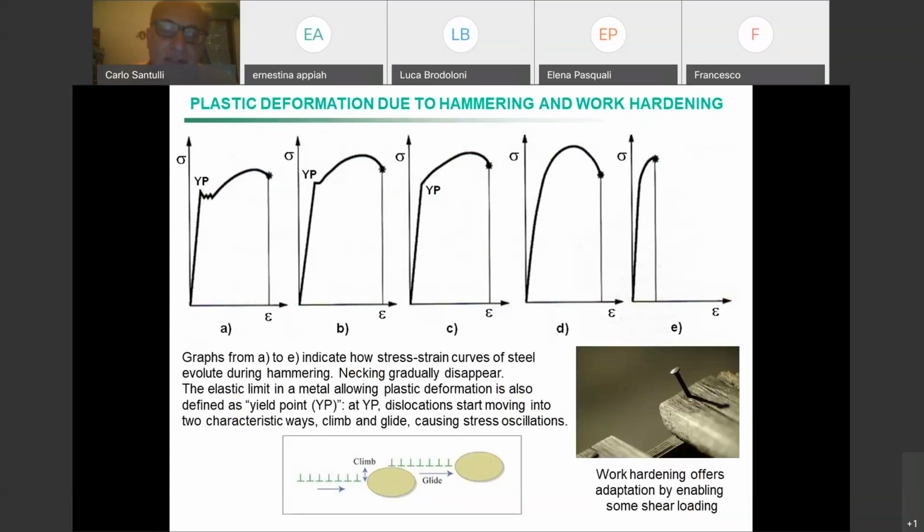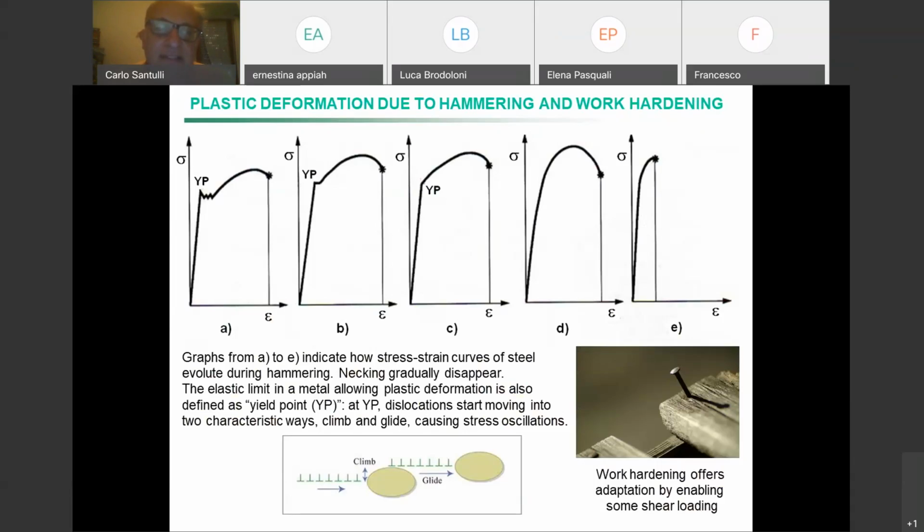Then the dislocations are activated at the yield point, and as we carry on loading our material, they start activating. Of course, they are not all activated at the same time. Please consider that in a metal there is usually quite a large number of dislocations.